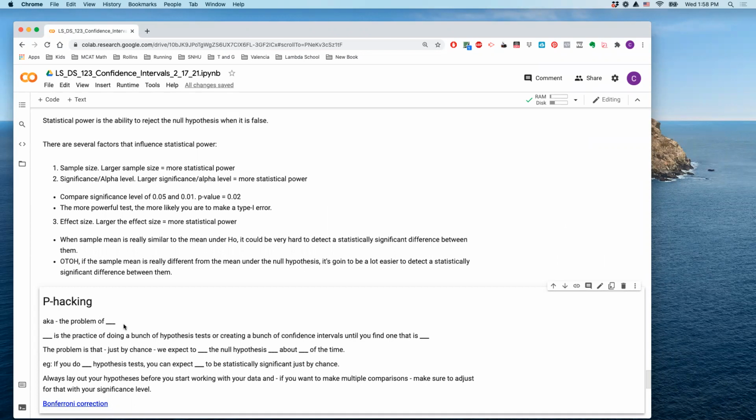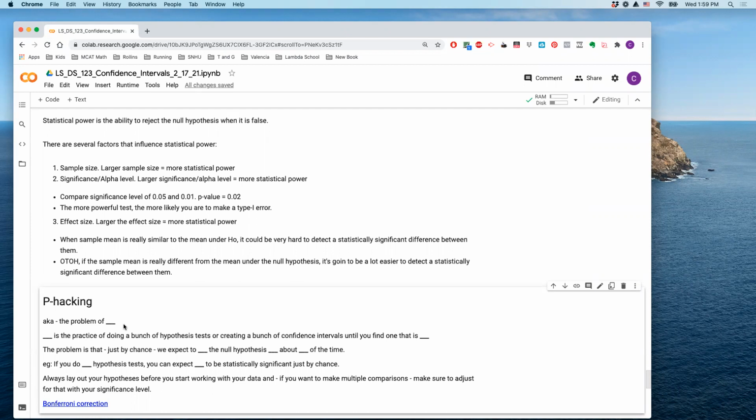And power and error are tricky, but it's worth knowing. I think it's just worth being aware of the potential, I don't know, mistakes is not the right word for it, but I think it's worth knowing about this idea that your tests can be underpowered to detect a statistically significant difference.